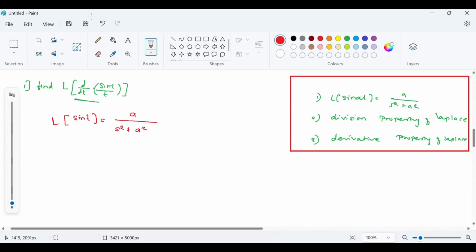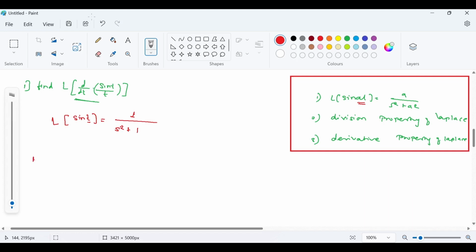This is the formula which we have for sin at. Now, we have here the term t, 1 into t, means the value of a is 1 here. So, I'm going to make changes in the same equation. So, 1 upon s square plus 1 square will be 1. This is the Laplace of sin t.